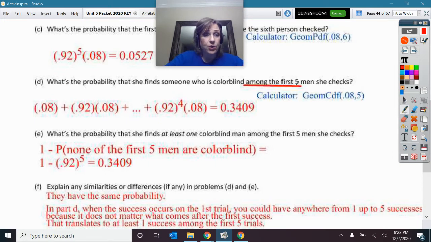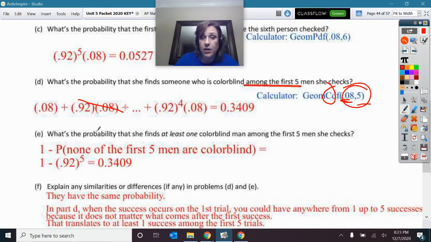You did not have to include that piece right there in the sequence. You have to show the first up to the last in the sequence. Then come on over here to your calculator and compute. You want this success to occur, it's cumulative, on or before the fifth person. So that includes that fifth person.